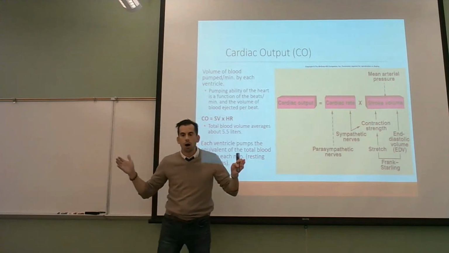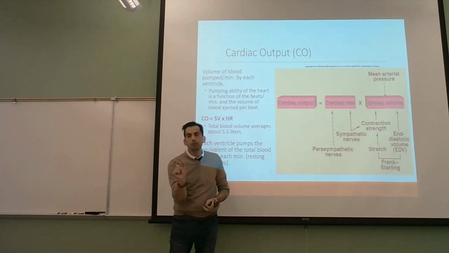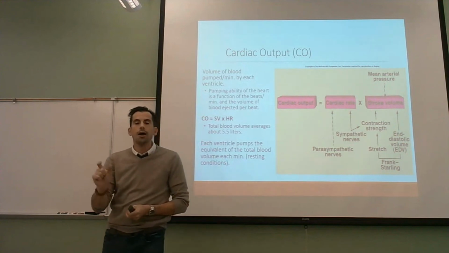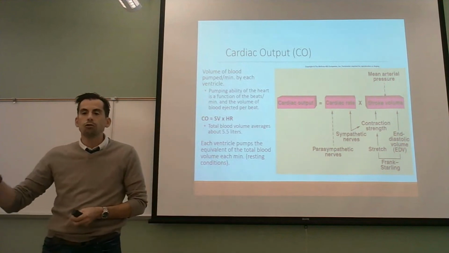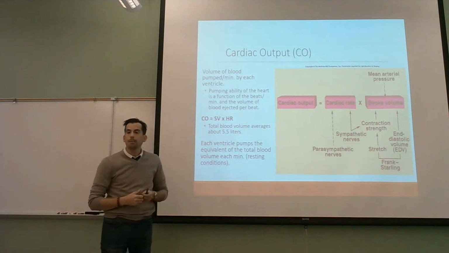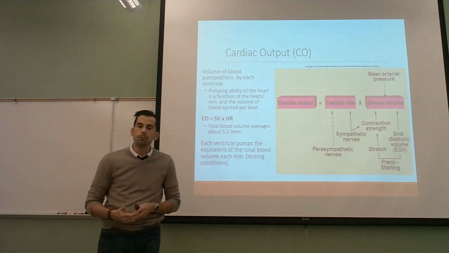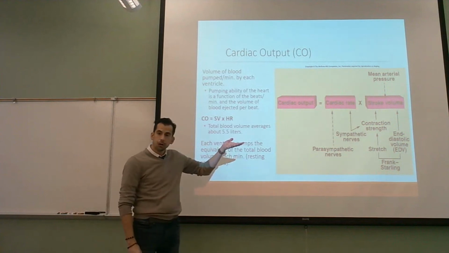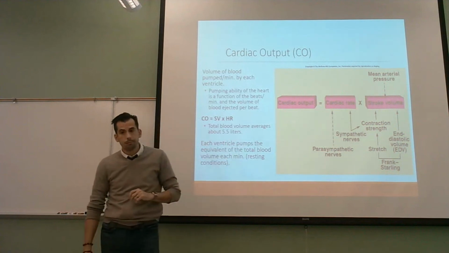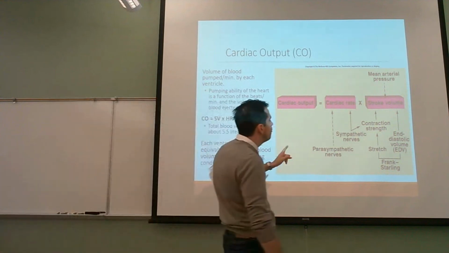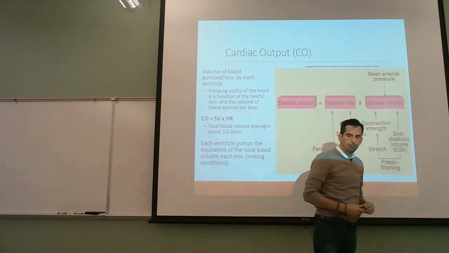If we want to get a higher heart rate, we've got to cut down the time in between the beats. Therefore, we cut down the time that the ventricles have in order to fill with blood. So now, as you look at your lab and you go through your experiment, you will notice that as heart rate goes up, stroke volume goes down. You may get more beats per minute, but the volume of blood moved per beat drops.